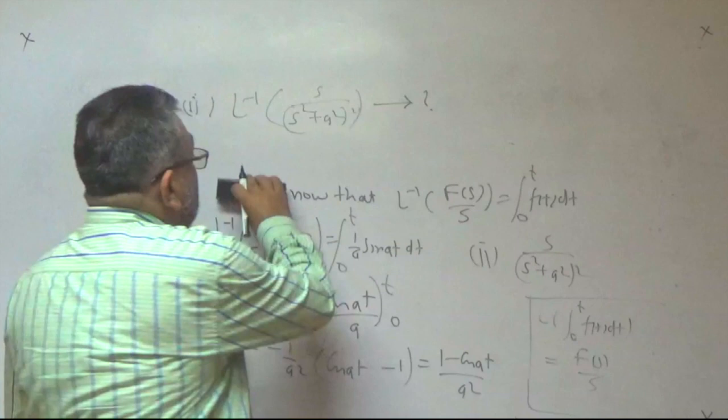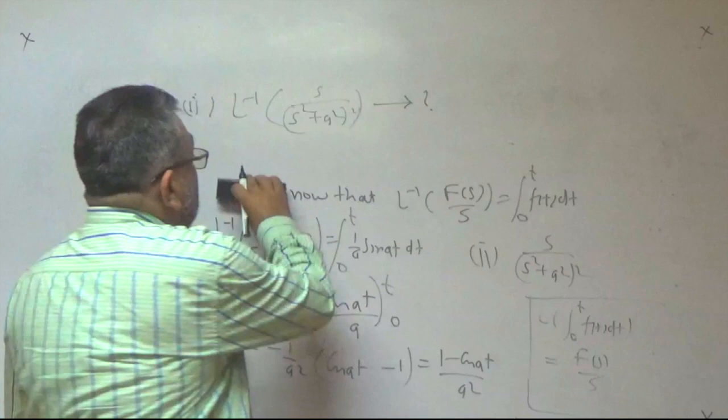This is the statement of the convolution theorem. It means that if we have to find the inverse Laplace transform of an expression, and we can put that expression into the product of two functions of s, then we can find the inverse Laplace transform of their product with the help of the convolution theorem.